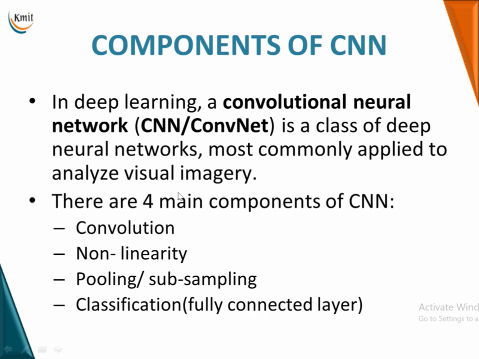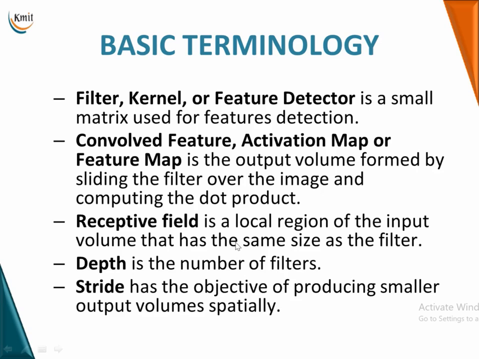The first is the convolution part. Second is adding nonlinearity to your model. Third is subsampling your model, which is called pooling. And finally, an MLP, or a fully connected layer, which is suitable for classification if at all you are doing that application. These are the four major components of CNN.